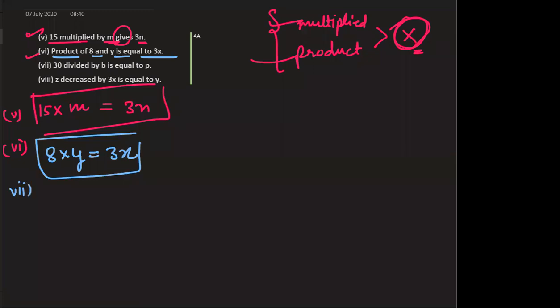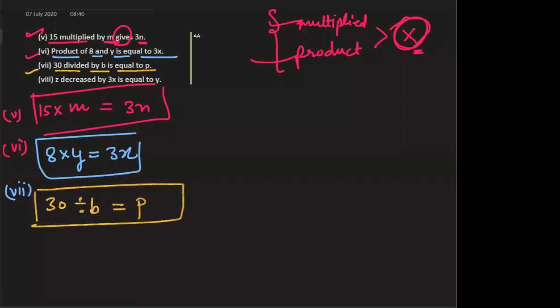7. 30 divided by b equal to p. 30 divided by b is equal to p. Is it clear? So students, these are very simple, I must say very simple. Z decrease by.